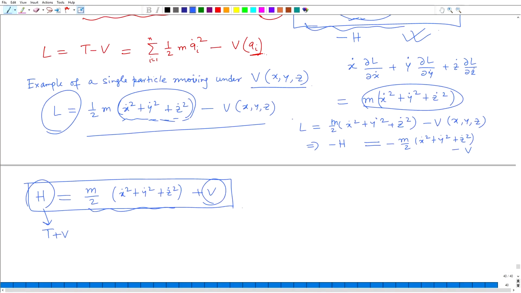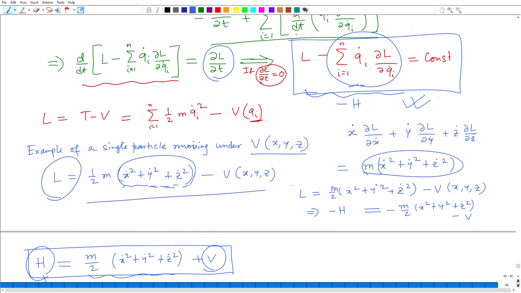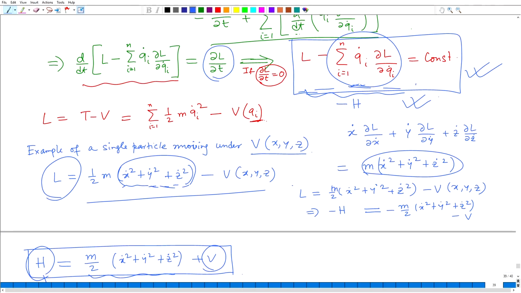So, the total mechanical energy should be conserved, and this function is actually conserved. This quantity, which looked strange to us, now we know for a single particle moving in 3D space with some potential, is nothing but just the minus of its total mechanical energy, and since the total mechanical energy is conserved, this is also conserved.